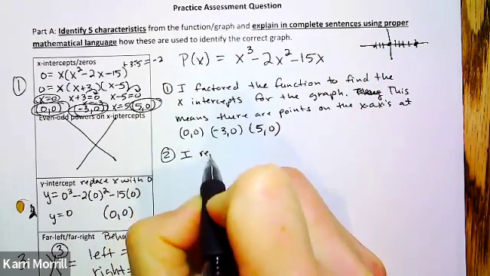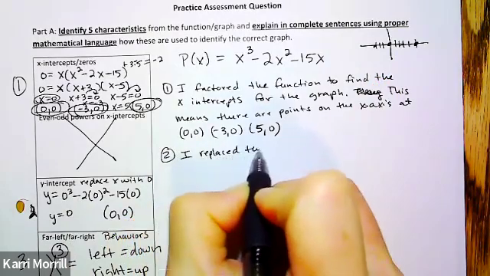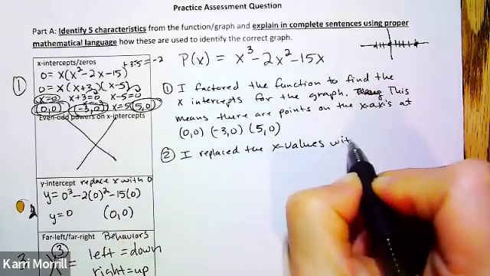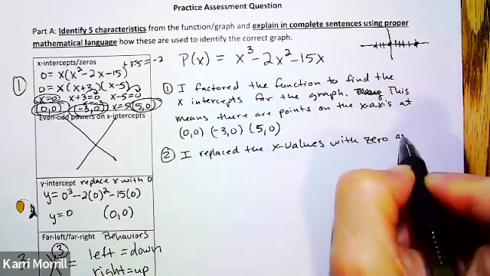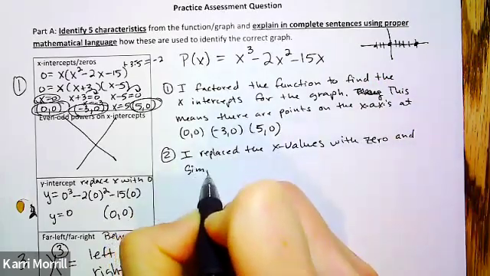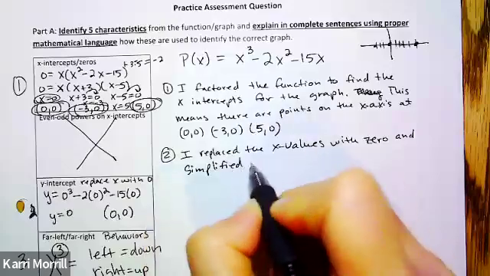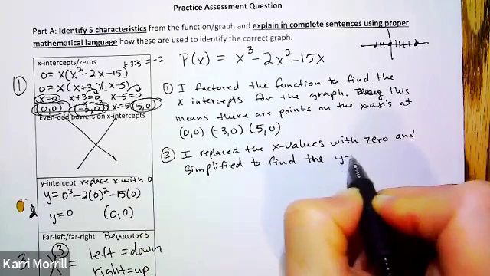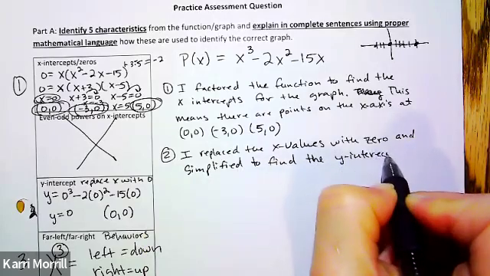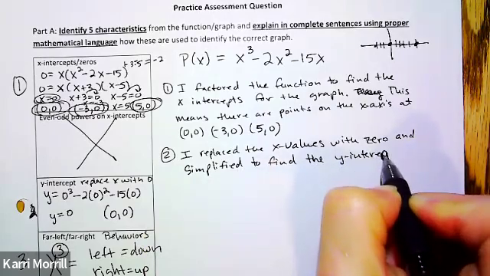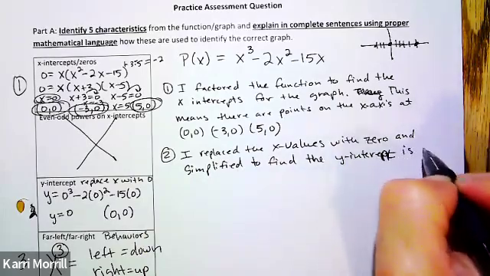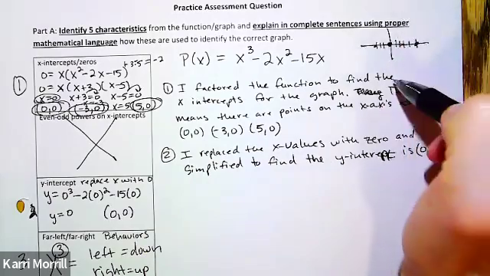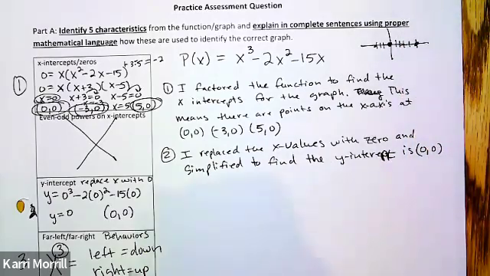I would just say I replaced the x values with 0 and simplified to find the y-intercept, that's at (0, 0). So again, that's where it's crossing the y-axis as well when we found that.